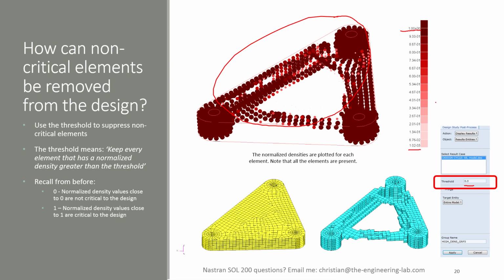The threshold means: find 0.3, and any element with a normalized material density greater than 0.3, you're going to keep. Everything below that threshold is going to be left out. So here on the image on the left, this is what the solution looks like after applying this threshold.